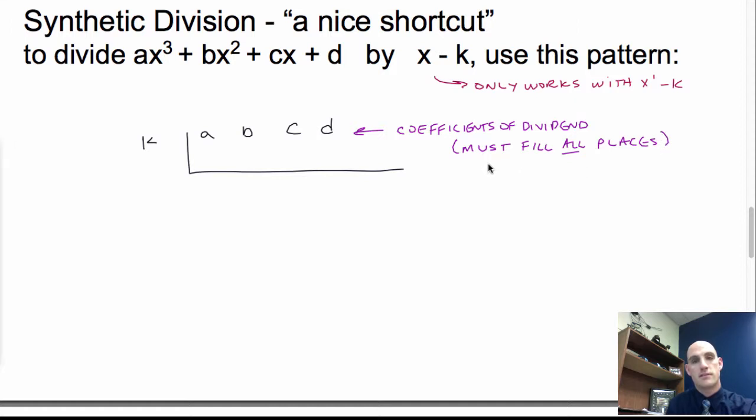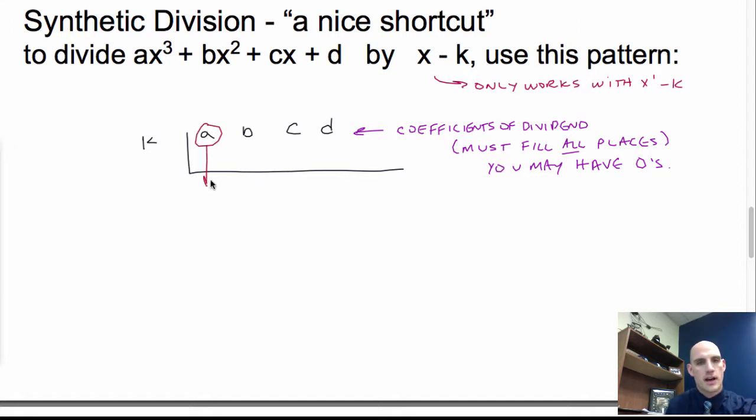So you might have a 0x squared term, or you might have 0 as the constant on the end. And the pattern that we're going to use looks like this.